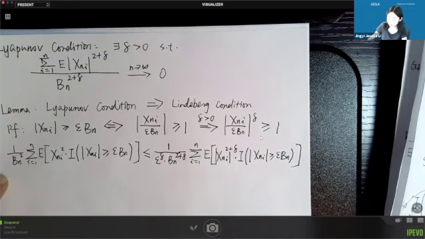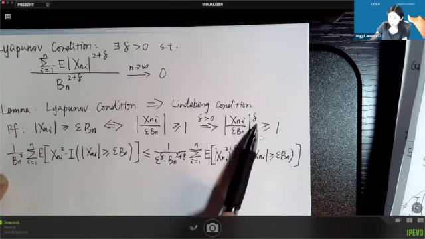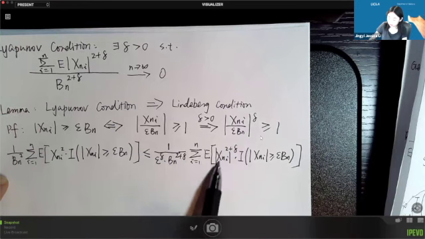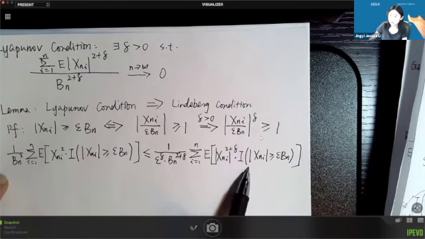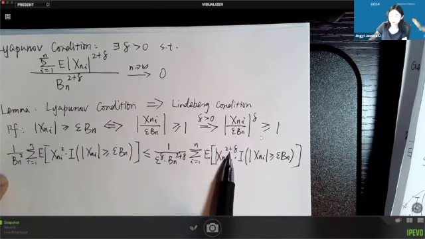That's why the indicator allows me to move this inside the expectation. You can think about this more carefully. This is still random for sure, but I know that when inside the expectation is non-zero, which means the indicator is taking value 1, then this holds. So I can do the multiplication.